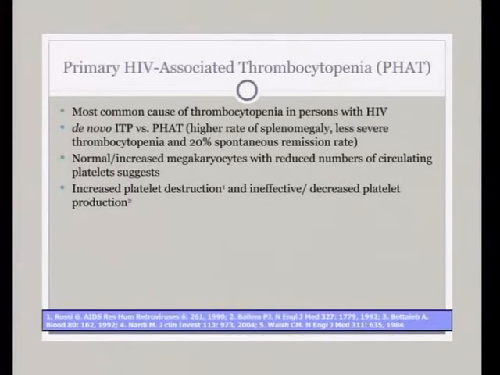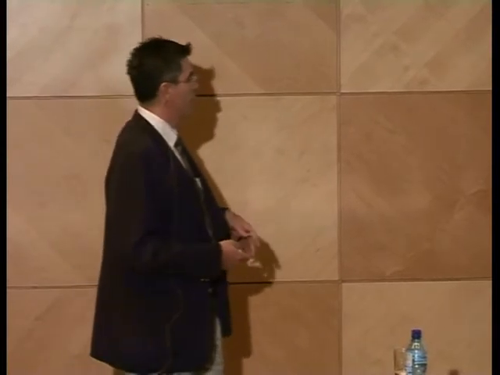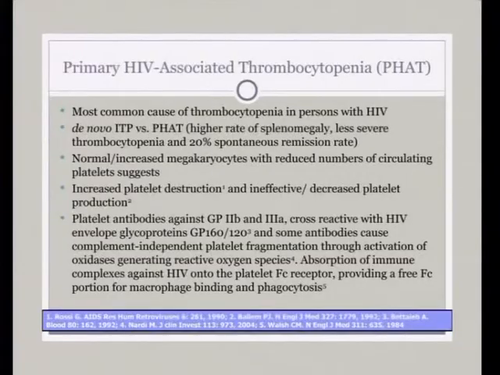There's increased platelet destruction because of antibodies, but, which is very important, there's also ineffective or decreased platelet production, and that's been shown very well. So there are some mechanisms which contribute to this platelet destruction, and platelet antibodies against some of the glycoproteins on the surface of the platelets, 2B and 3A, cross-react with the envelope glycoproteins in HIV, 160 and 120.